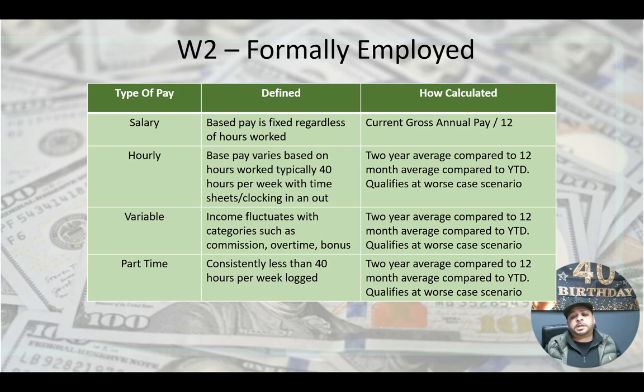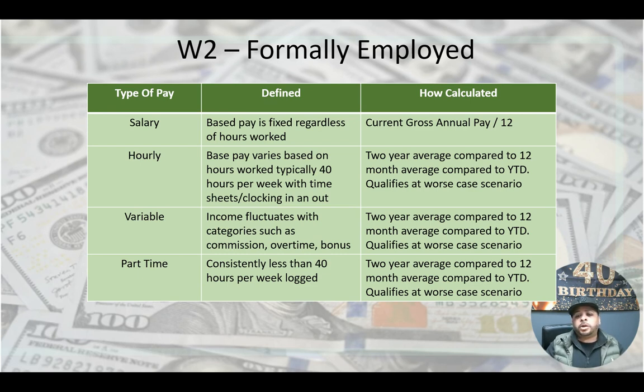So if I was in a situation where, let's say I was starting out working at a car dealership, I had a draw or some type of lower base rate until I learned the ropes, and then I switched to commission, you actually have to have that commission pay documented for at minimum 12 months, but in most cases, you're going to need to have a 2-year history before you can actually use that income as qualifying income.